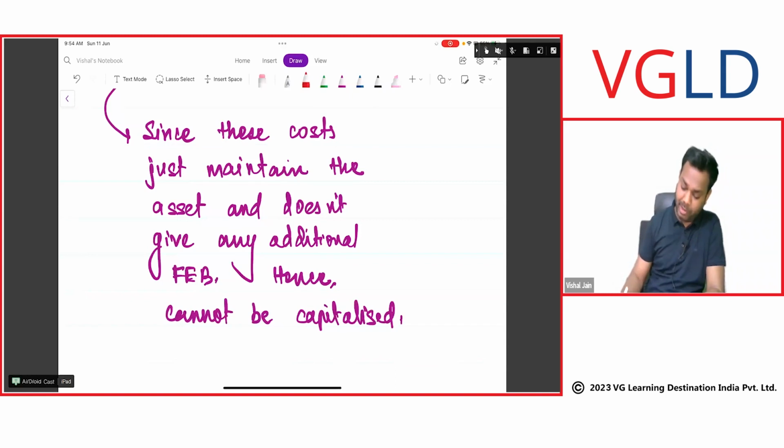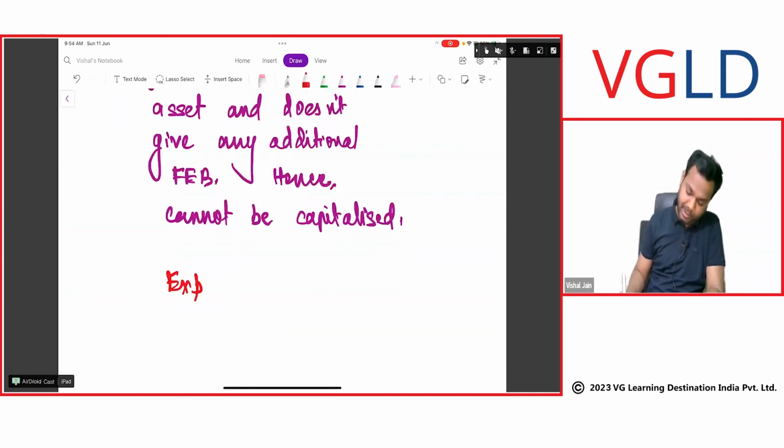Okay, so what is the treatment? Expense it in P&L.